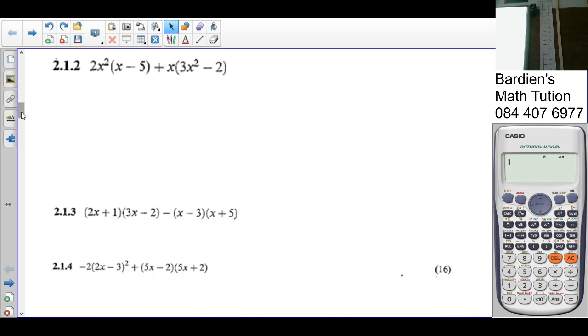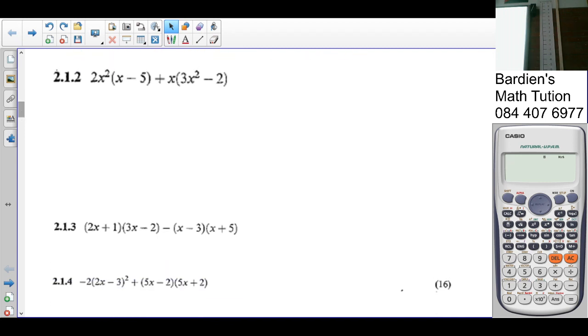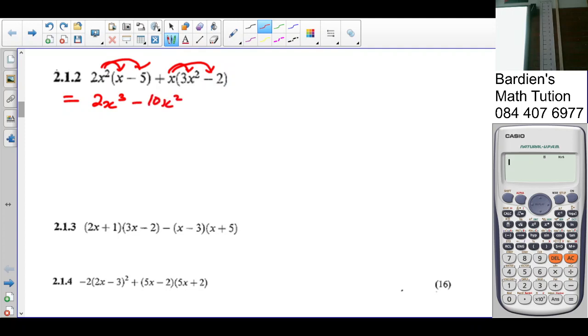1.2. What's going to be done here? Get rid of the brackets, multiplying. So what is 2x squared times x? 2x cubed. What is 2x squared times negative 5? Negative 10x squared. What's x times 3x squared? 3x cubed.